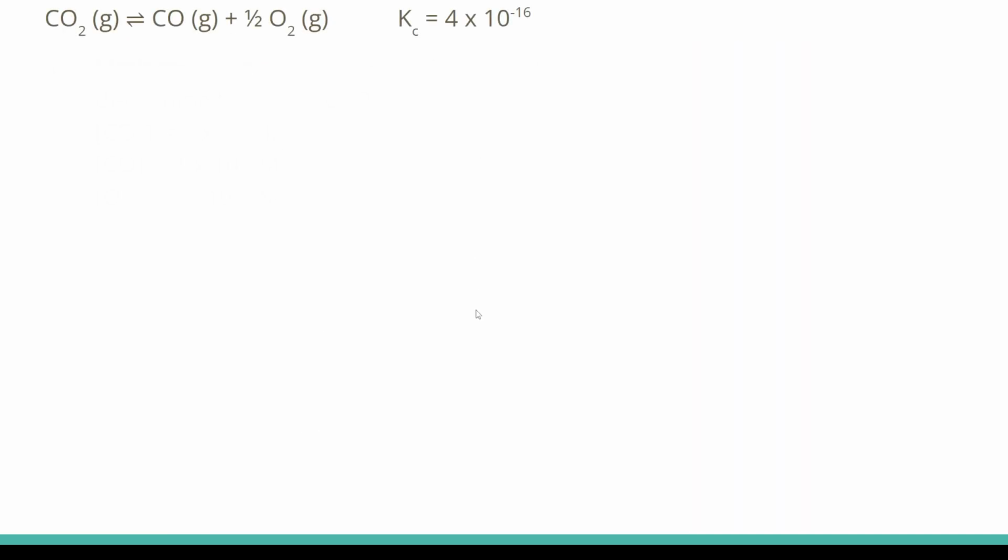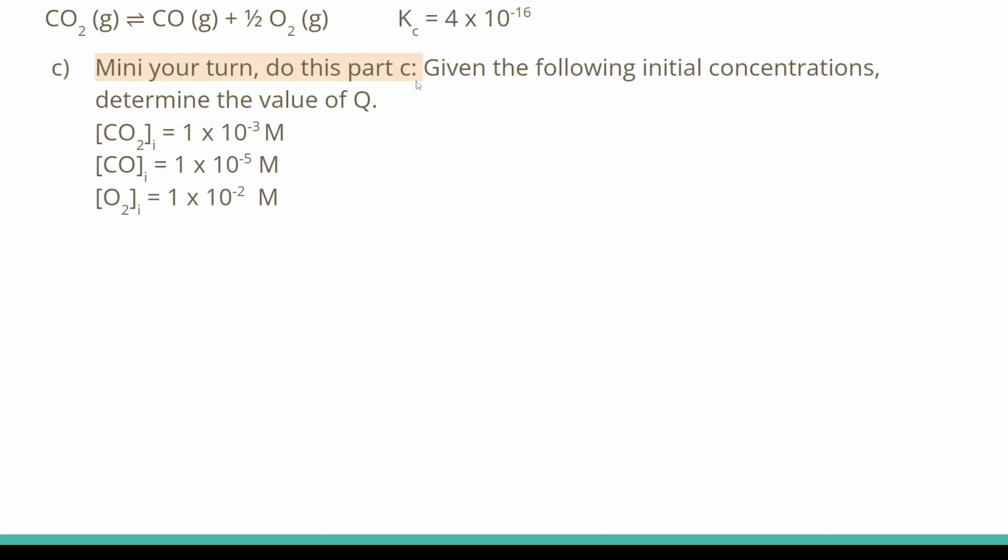So, same thing as earlier. Quickie mini your turn. Go ahead and calculate this real quick. So I didn't actually calculate this. I forgot to. But whatever that Q value is, I know it's greater than K because I have it in my notes.